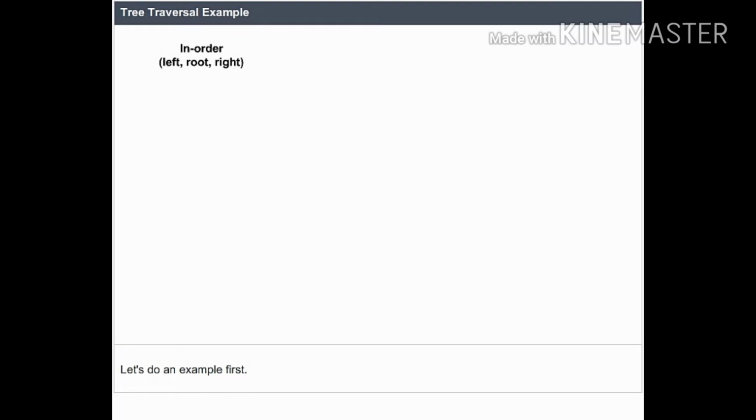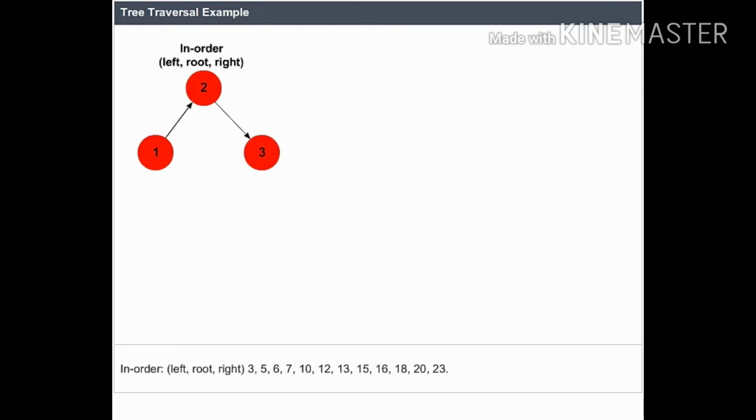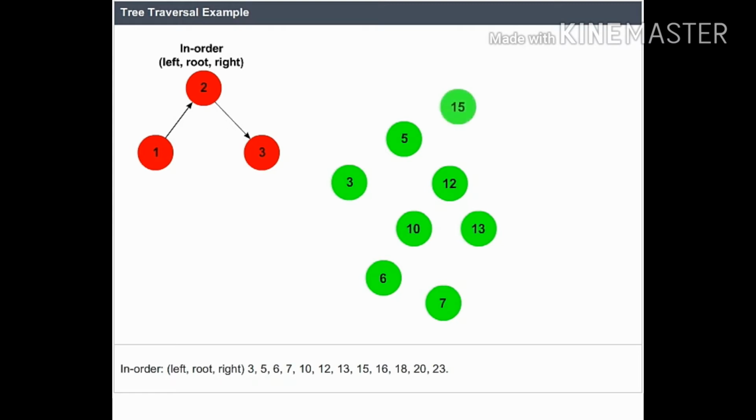Tree traversal example. Let's do an example first. In order: left, root, right. 3, 5, 6, 7, 10, 12, 13, 15, 16, 18, 20, 23.